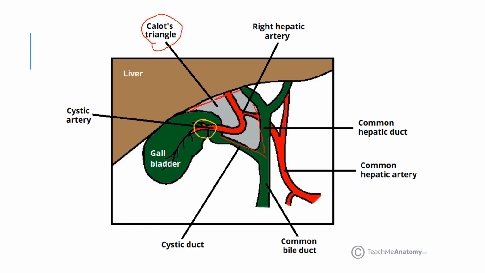And what is the main content here? The main content is the cystic artery. So that you identify the rest of the structures, you salvage the structures, you tie them to control the bleeding and all. To identify the structure, you identify Calot's triangle, bounded by the cystic duct, the common hepatic duct, and the border of the liver.